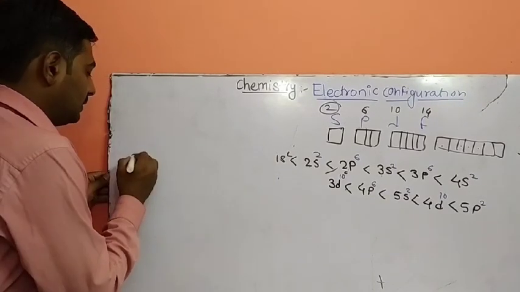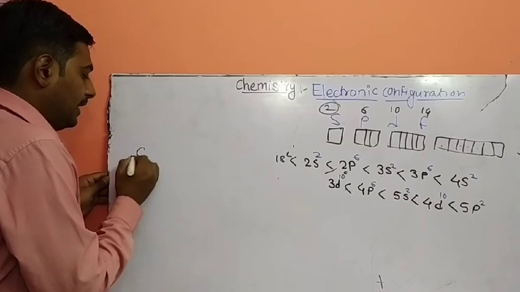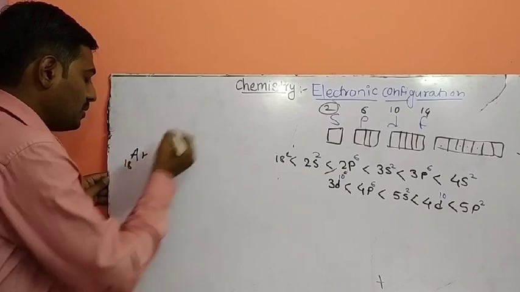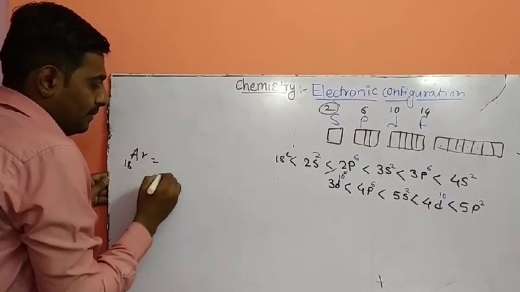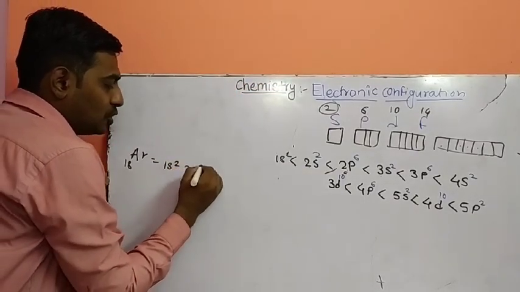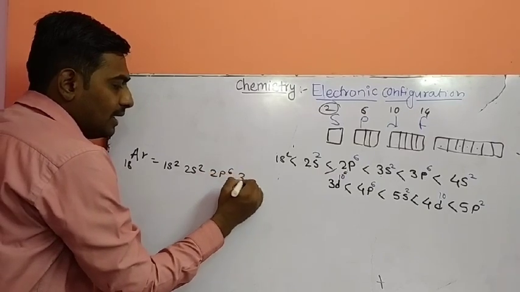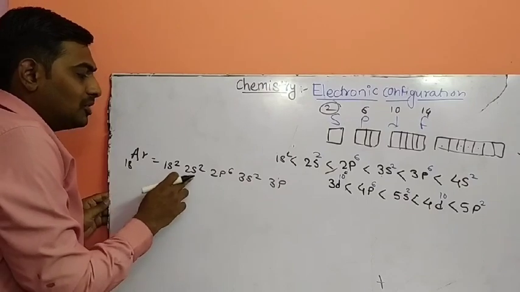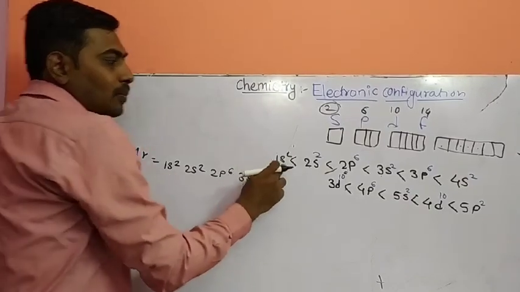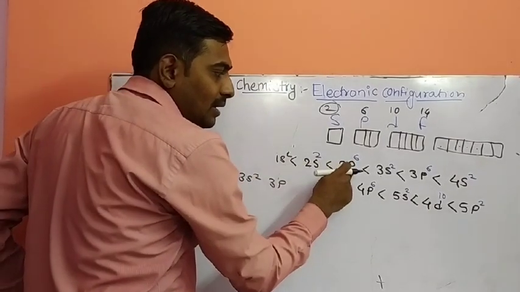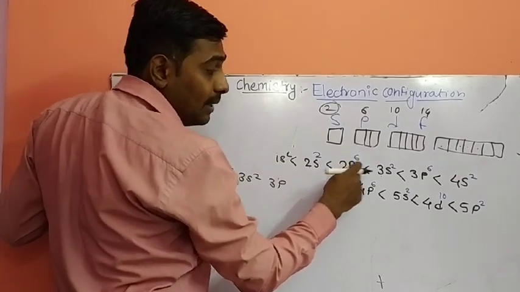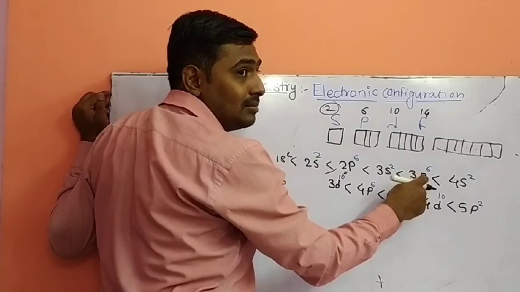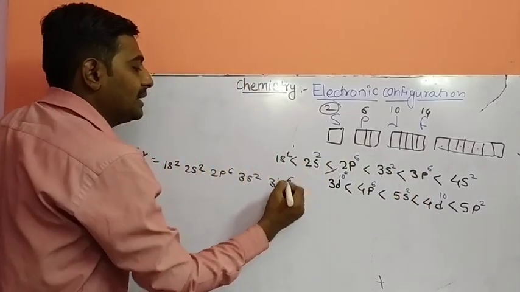Next, atomic number 18. 18 means argon. So how will it be? 1s2, 2s2, 2p6, 3s2, 3p what? 2 plus 2 is 4, plus 6 is 10, plus 2 is 12, 12 plus 6 is 18. So it will be 3p6.